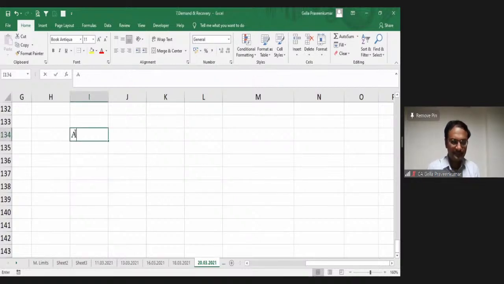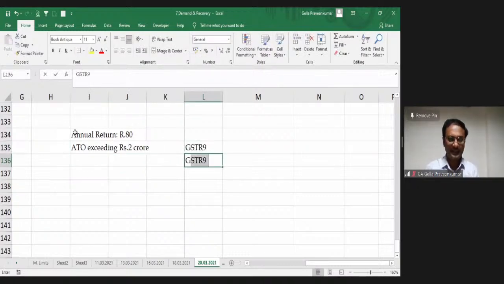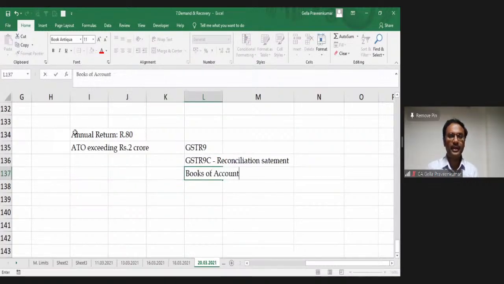Annual return, Rule 80. Aggregate turnover exceeding rupees 2 crore, GSTR 9C, which is called a reconciliation statement, and books of accounts have to be filed.